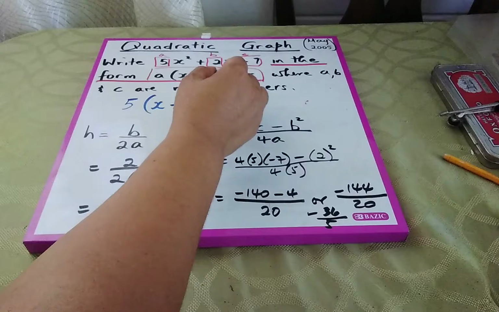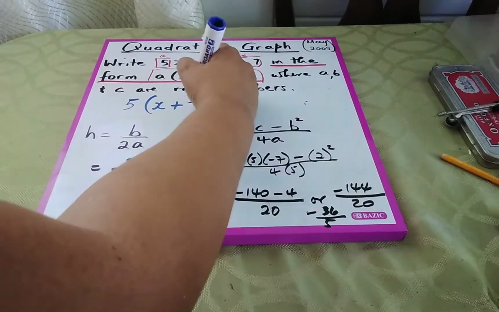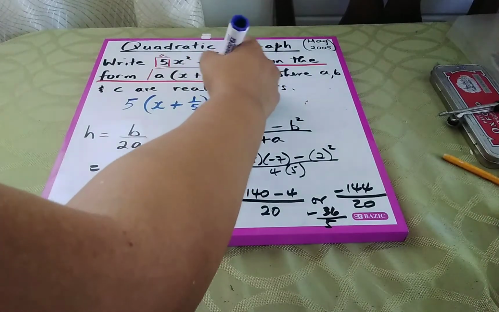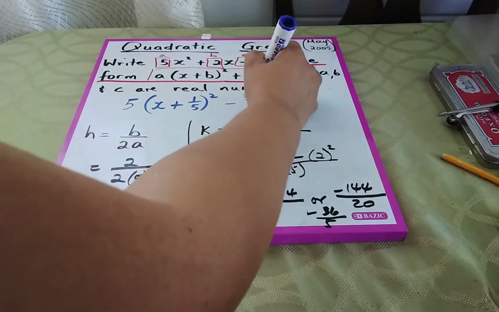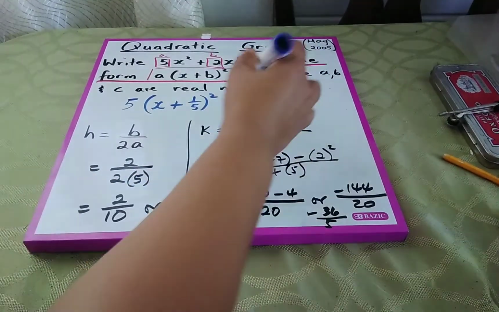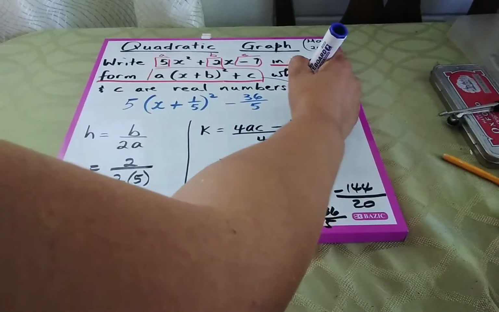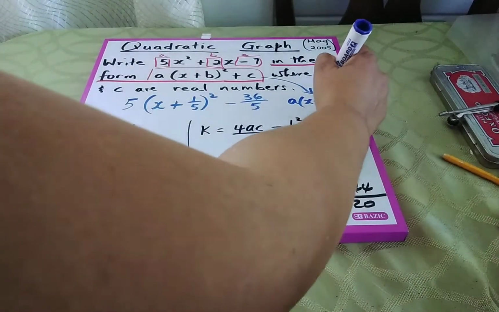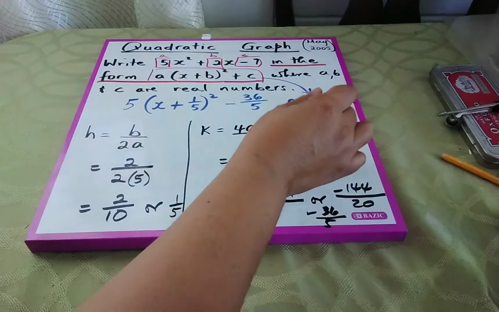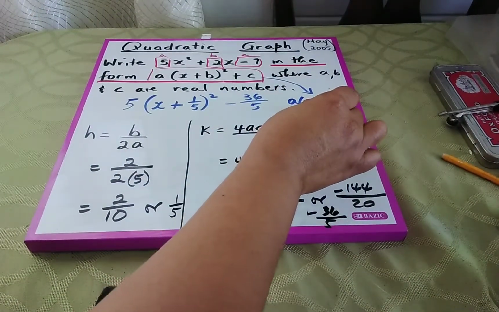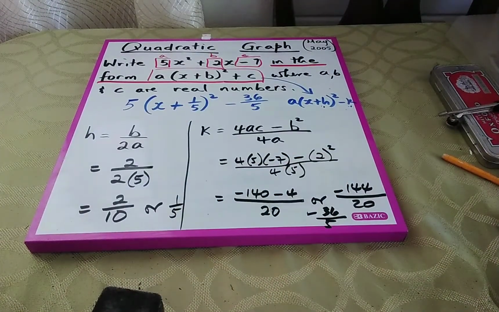The B here is usually the H formula, so it's 1/5, squared, and the C is negative 36 over 5. That's the K value. So here, change up the letters. Normally you would have A times (x plus H) squared minus K. So the H is what's in the bracket with the x, and the K is outside. And that's it for part A.